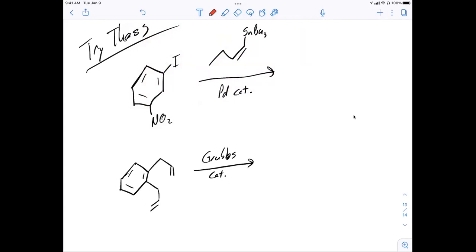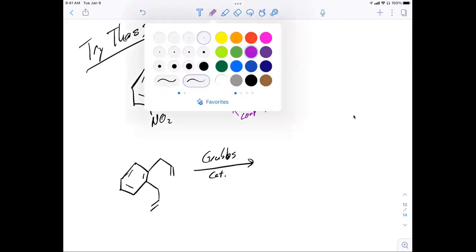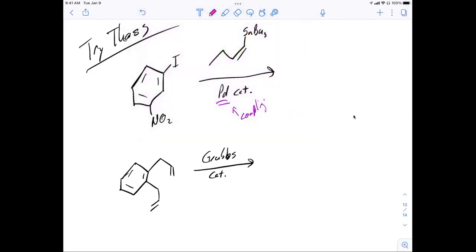Okay, let's go ahead and take a look at these. Want to do a few of these? Okay. When we look at this first one, right, we've got the tin, we've got the palladium. That's our clue that this is going to be some type of coupling reaction. And then what we want to do is look at the position that's attached to the tin and the position that's attached to the halide or triflate. Right. Once we have those two identified, then we just attach them.